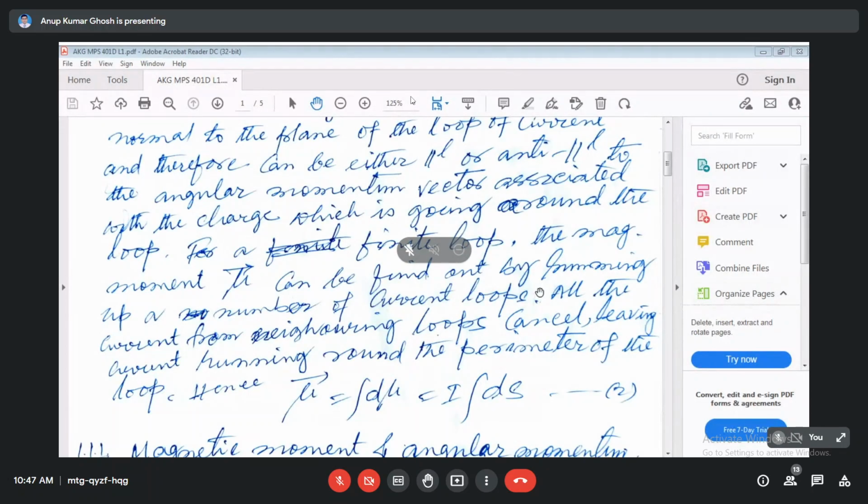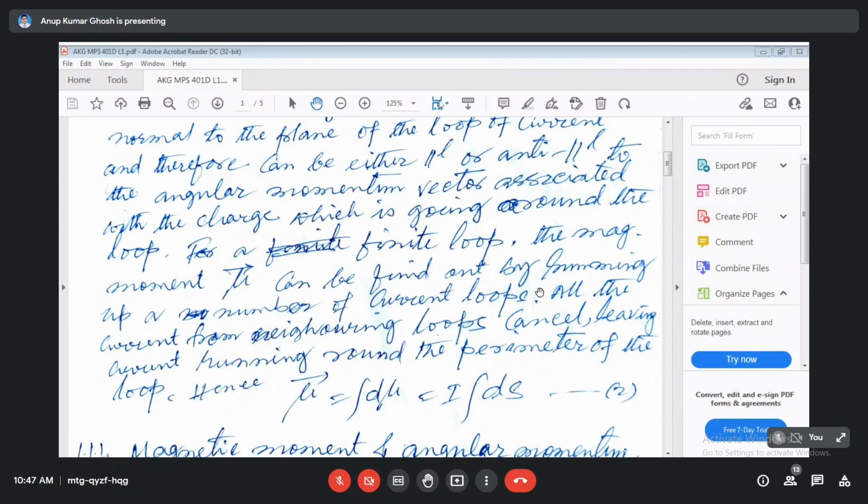Similarly, the right one also has current flowing in a clockwise direction. At the meeting junction, the current for the left loop is in the downwards direction, the tangent will be downwards. For the right one, the tangent direction will be upward.